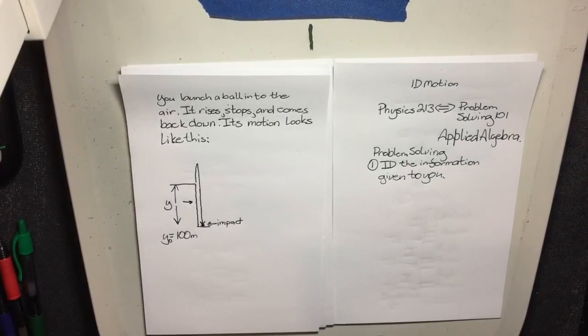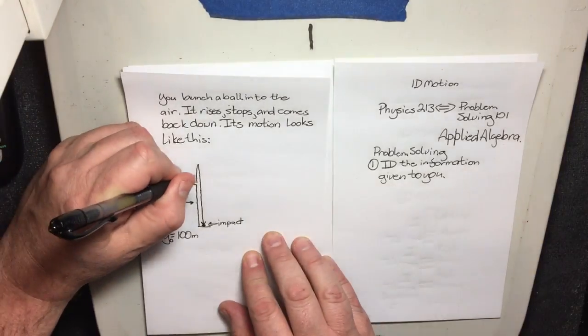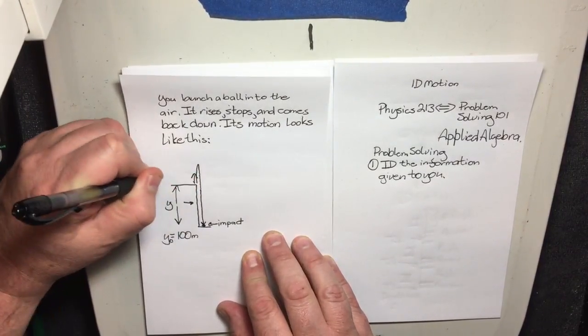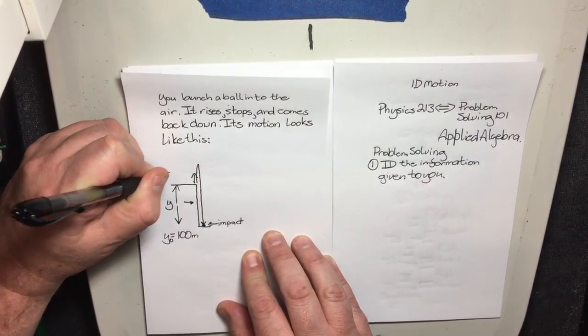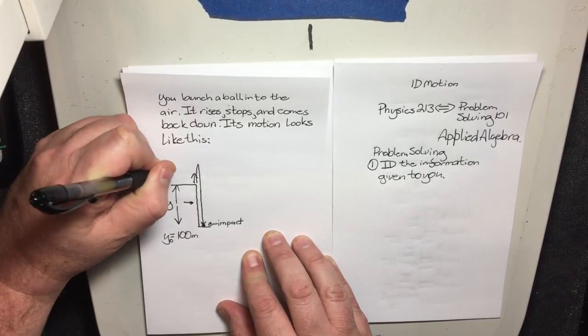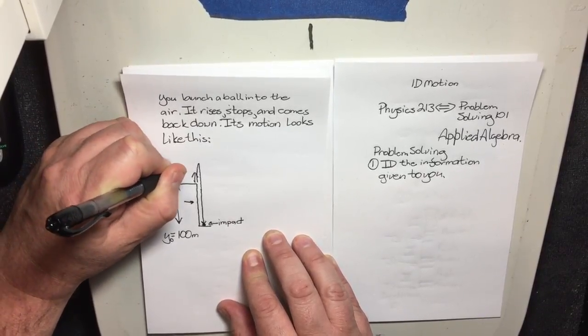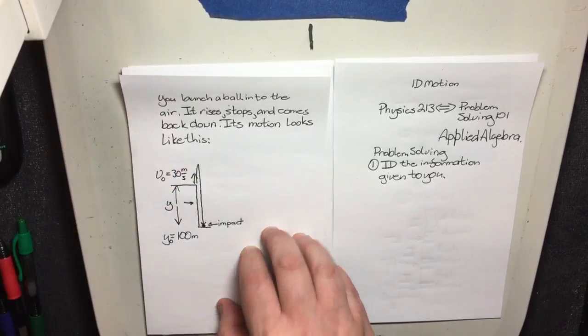If I said I'm not going to give you that information, that opens up a whole different chain of problem solving. But this is the first problem that we're really going to play with, so we're going to keep it simple. And another bit of information I'm going to give you is the initial velocity, which is 30 meters per second.